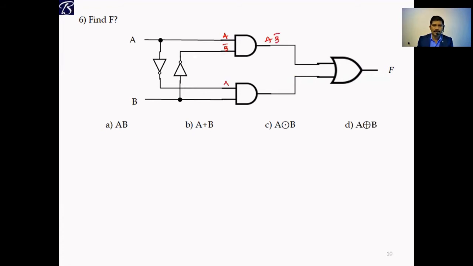Here this is A bar and this is B, so the output is A bar B. Here f equals A B bar plus A bar B, which is the XOR gate. So option D is correct. Let us check the answer. Yeah, option D is correct, XOR gate.